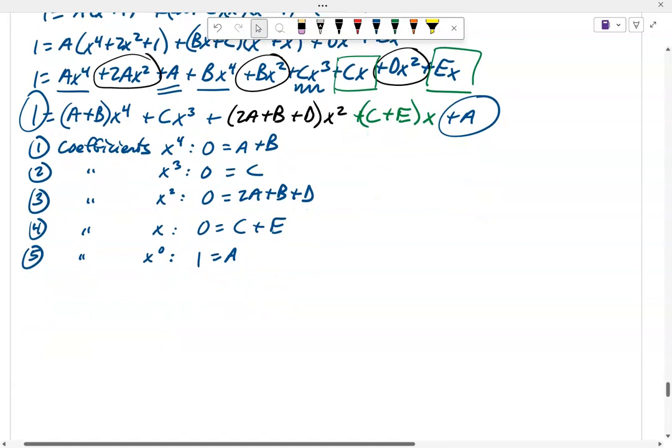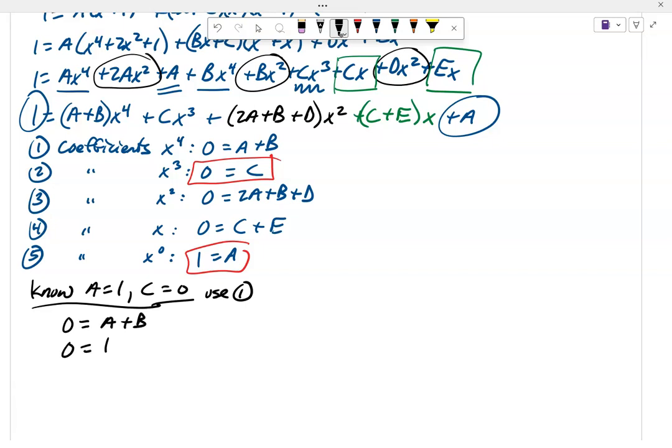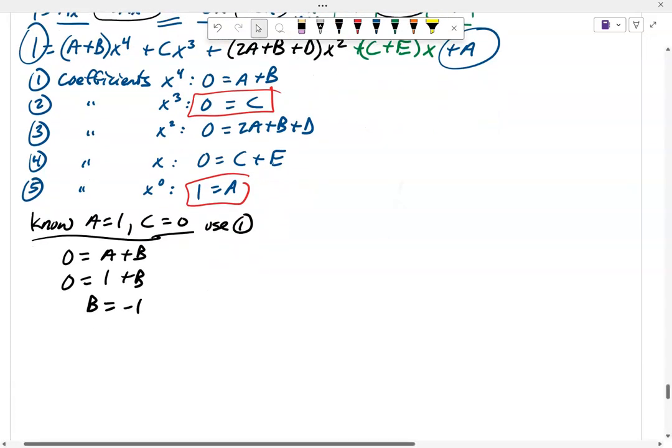All right, so I know right off the bat, c is 0, a is 1. That's nice. So we know a is 1. I know c is 0. Let's go ahead and use number 1. And so my b is -1.